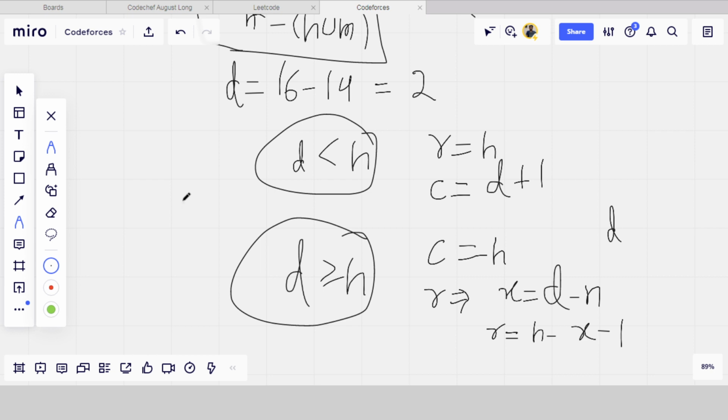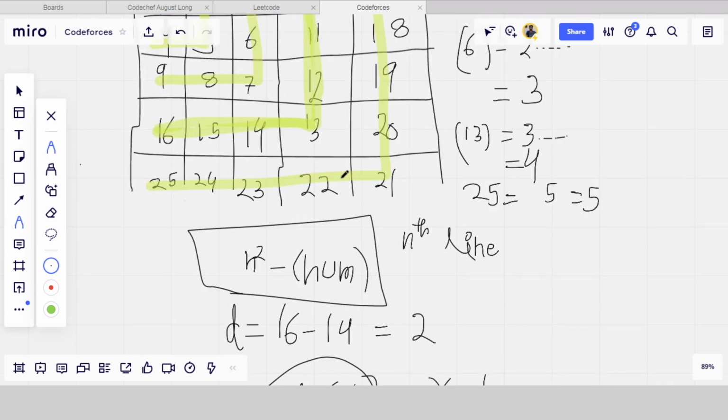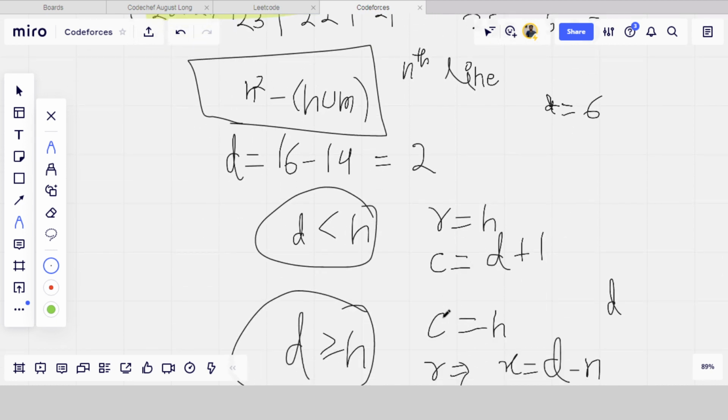Okay, let's check this formula. For example, take the example of 19. So 25 minus 19 is 6, which means d is equal to 6 in this case, which is greater than 5, because n is 5 as it lies on the fifth L. So we make the column equal to n, which means 5, and for row we put the formula x is equal to d minus n.